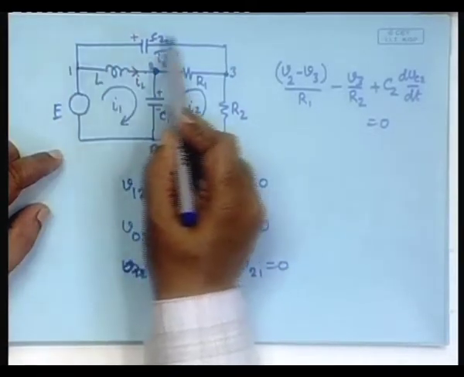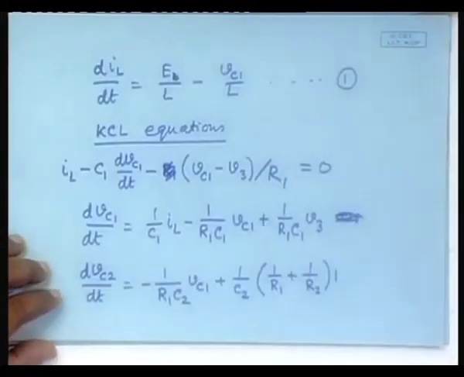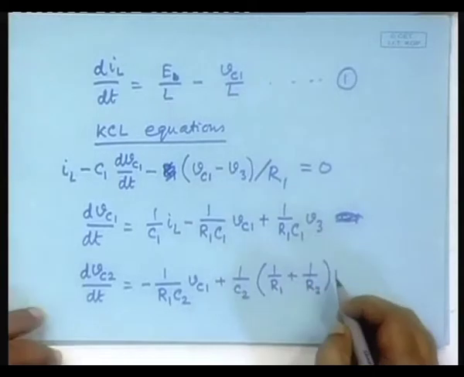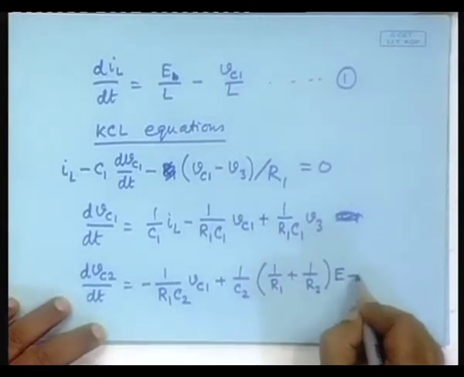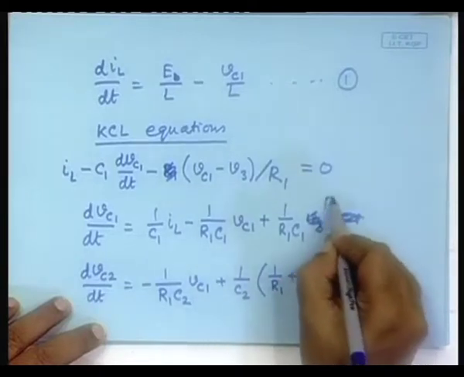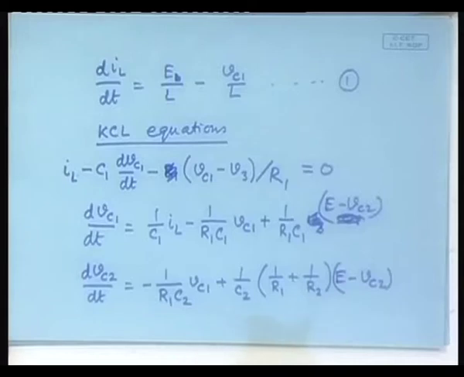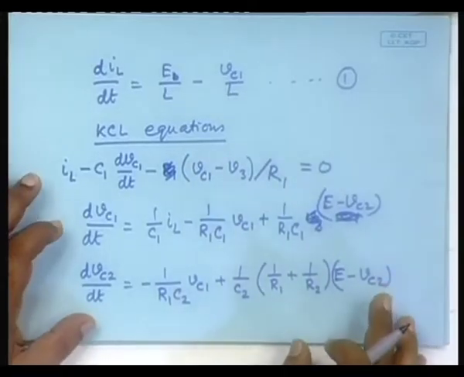E minus Vc2 is this. So, we can extract from there. Good. So, we just substitute it here, it will be E minus Vc2. Here also E minus Vc2. Okay. Done. So, this is how you extract the differential equation.